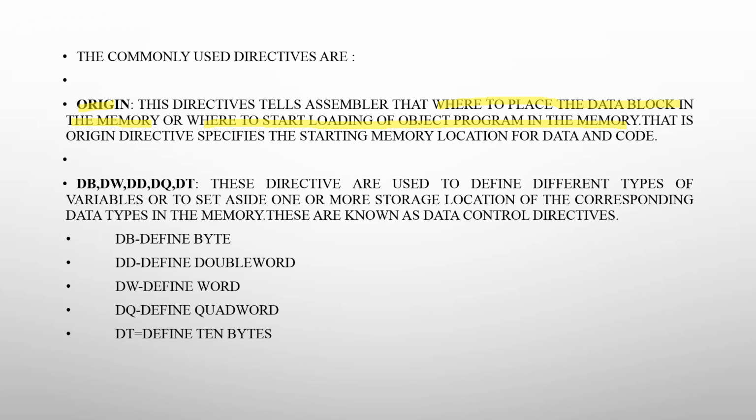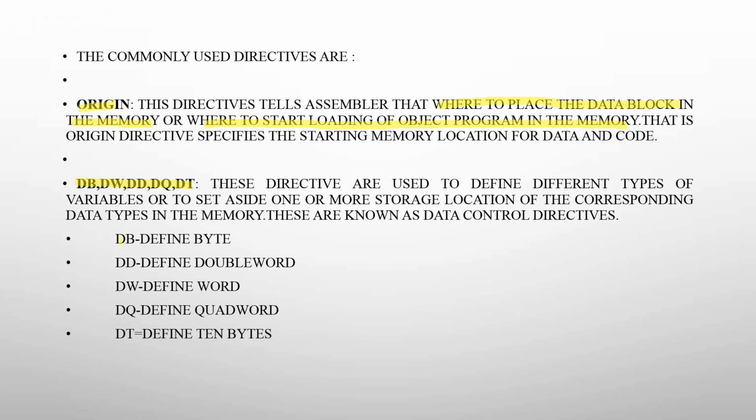We can use DB, DW, DD, DQ as well as DT. These directives are used to define different types of variables, or to set aside one or more storage locations of the corresponding data types in the memory. These are known as data control directives.